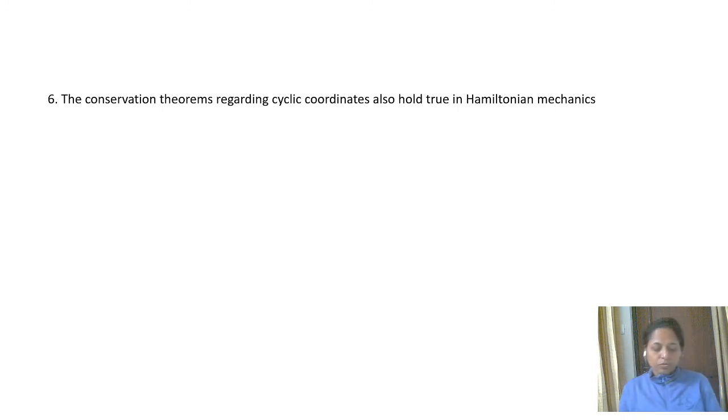Now we come to the next property. The conservation theorems regarding cyclic coordinates also hold true in Hamiltonian mechanics. What are these conservation theorems? You have learnt in Lagrangian mechanics that if there is a translation corresponding to a cyclic coordinate, then linear momentum will be conserved.